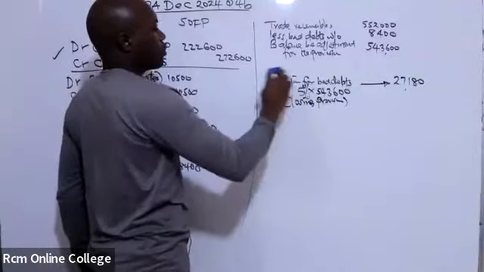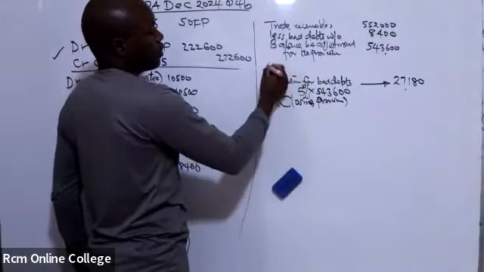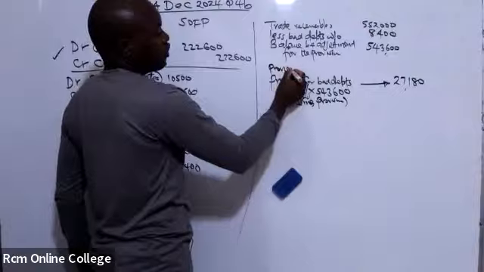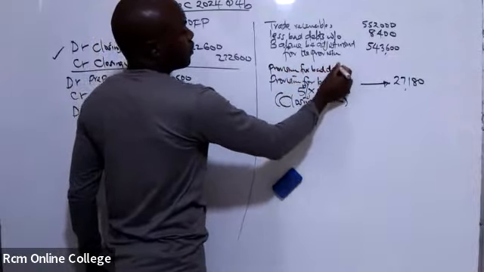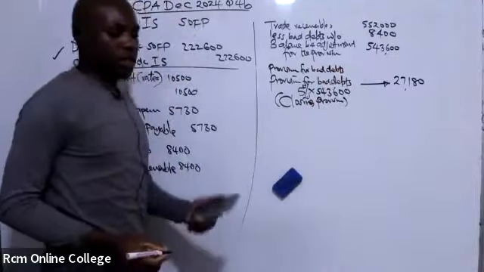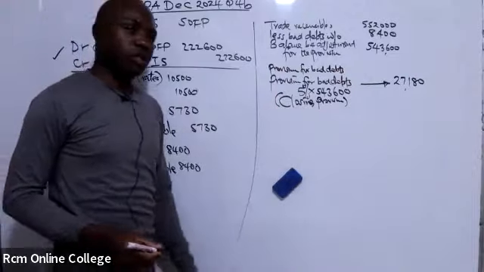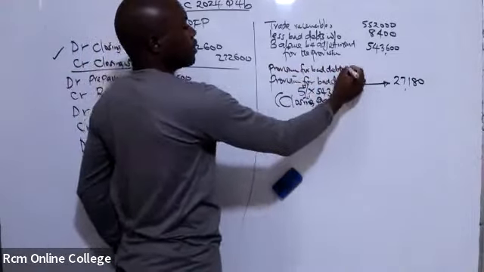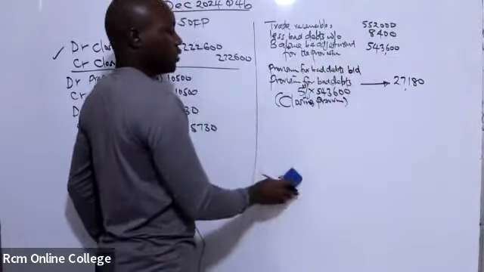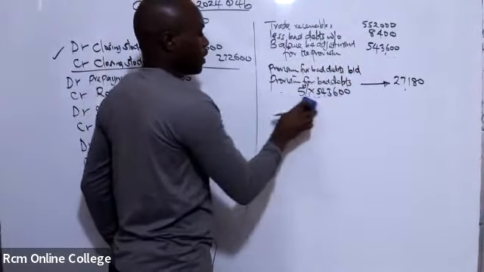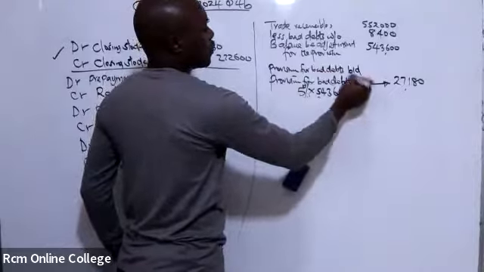This year we don't talk about opening and closing, just say provision for bad debts. Someone who has attended financial accounting class will not say opening provision, but will tell us provision for bad debts brought down, then provision for bad debts carried down, the closing balance.